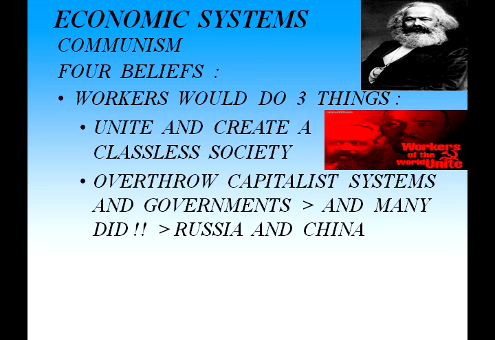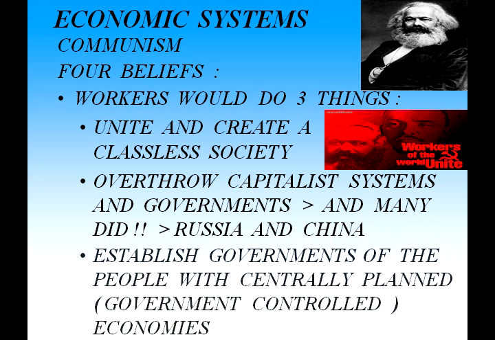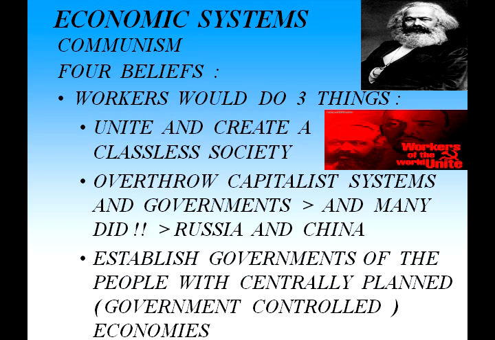They would then overthrow capitalist systems and governments where they were, and many actually did during the early 1900s, most notably in Russia and China. And then the people would establish governments of the people with centrally planned, government-controlled economies.